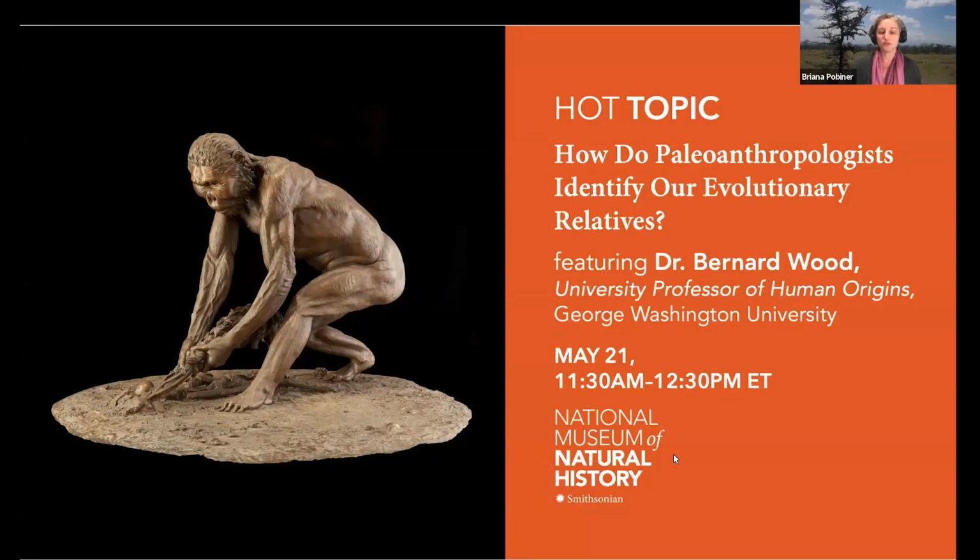Dr. Bernard Wood is University Professor of Human Origins at the George Washington University. He studies hominin systematics, comparative anatomy, and soft tissue-based phylogeny in primates, with interest in improving species recognition, phylogenetic reconstruction, and distinguishing reliable phylogenetic signals from noise in the fossil record.